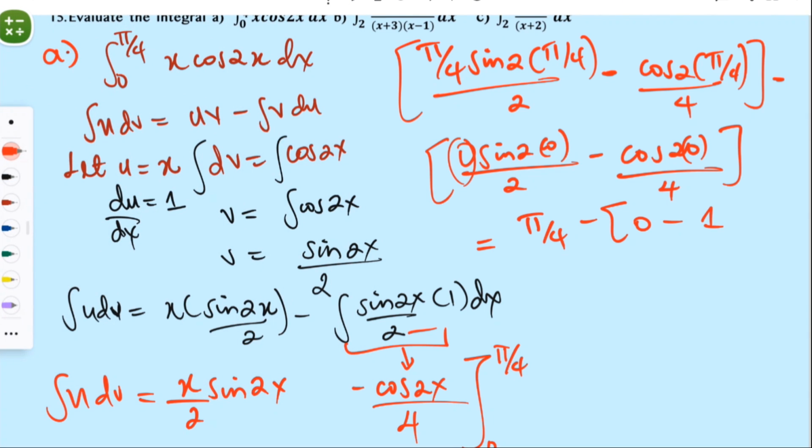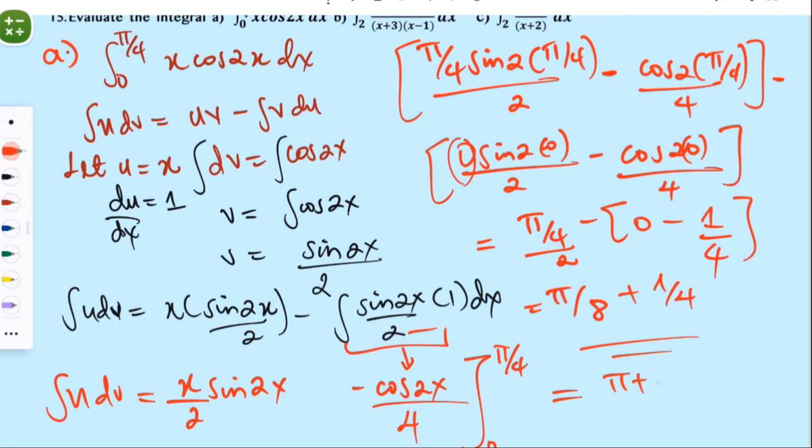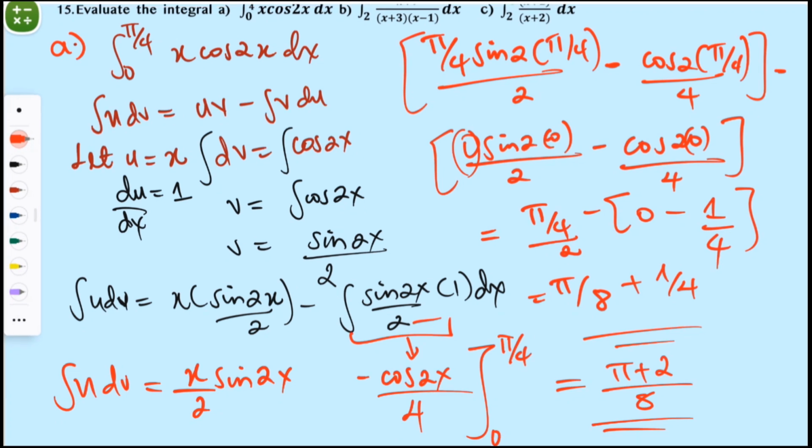So 1. This was all divided by 2. Okay, and then this was divided by 4. How could I forget the denominators? Alright then. This would be pi over 8 minus minus, which gives a plus 1 over 4. Bring them to a common denominator if you want to. So it will be pi plus 2 over 8. Okay then, that's the final answer.